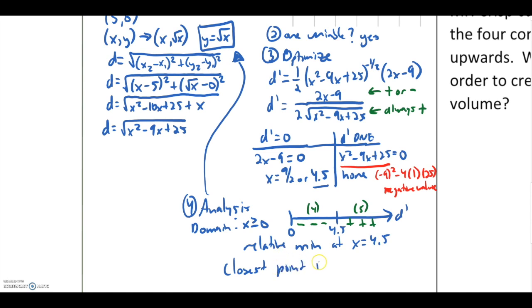The closest point is 4.5, comma, and remember, y values were determined by the square root of x, and we're just going to put square root of 4.5 and not worry about doing anything else with that.